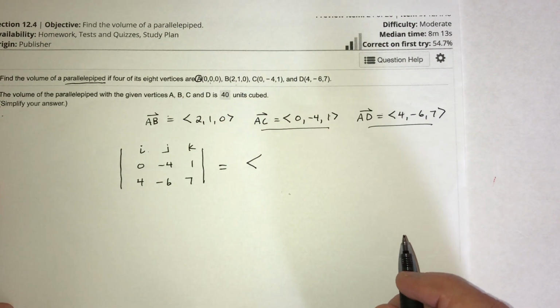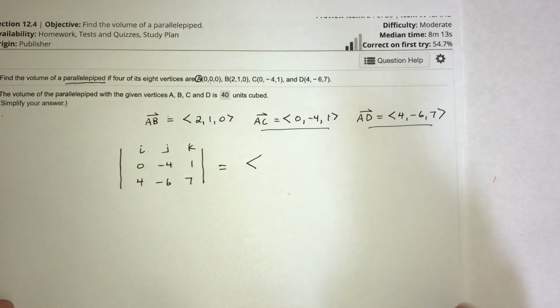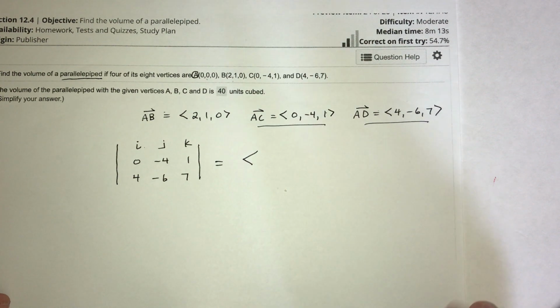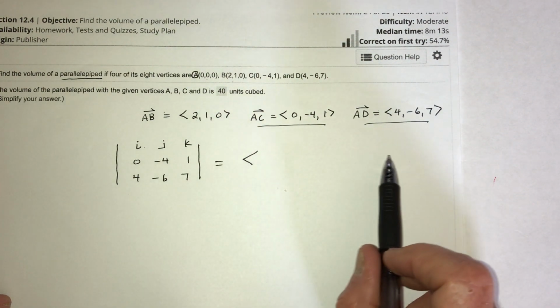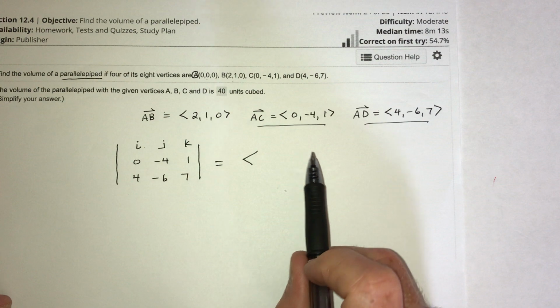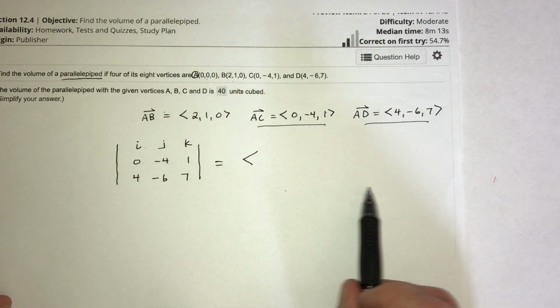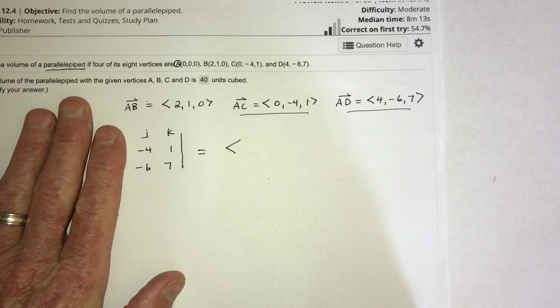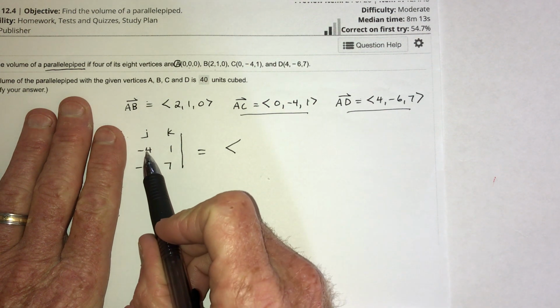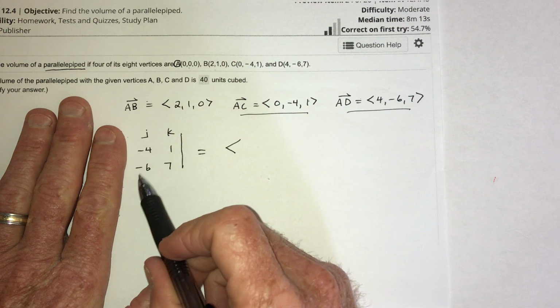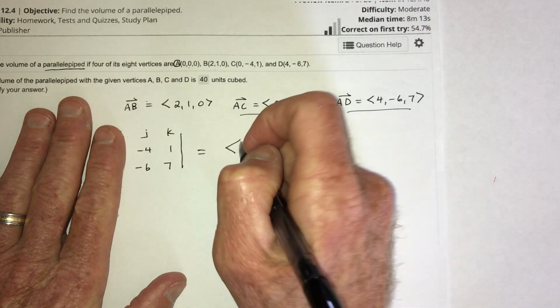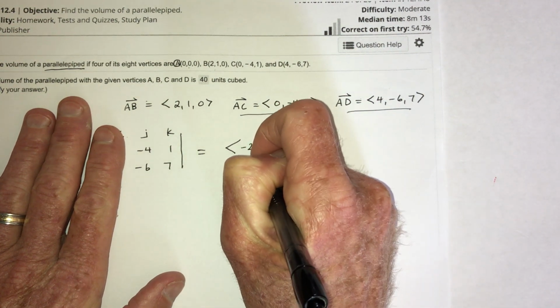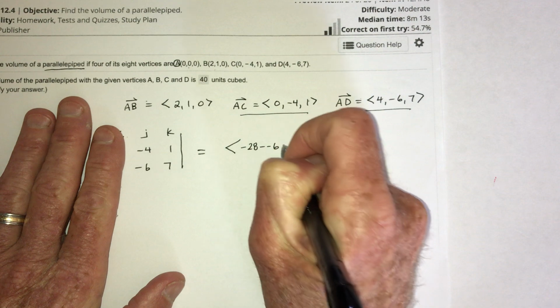Now the way that I do it is I speed things up. The very first time I showed you, I wrote out the 3 small determinants with an I in front of one, and then a J, and then a K, and I showed every step. Well, you can really speed things up because you cross out the I, and then this is going to be negative 28 minus a negative 6.